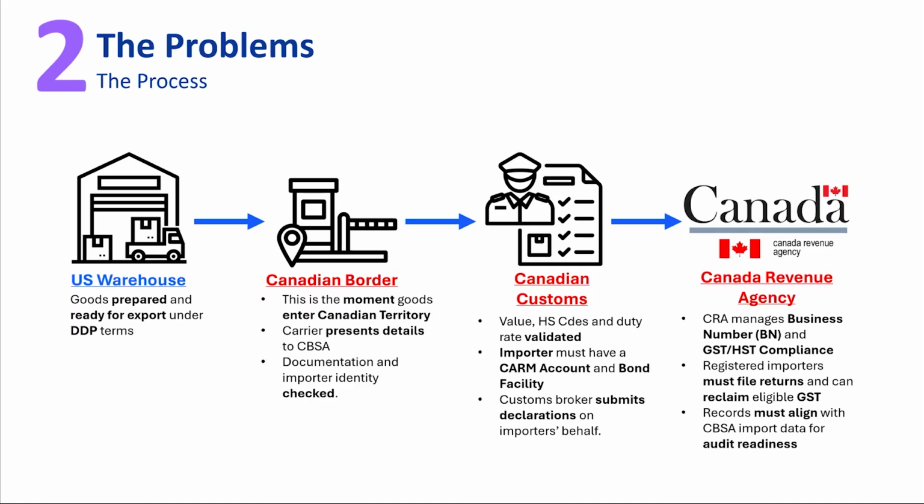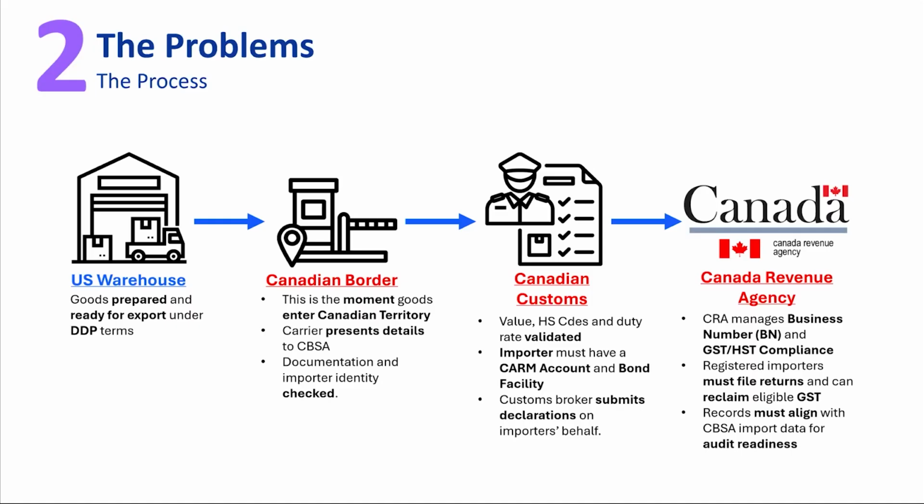They will then hand over that information to the Canadian Customs Agency, which forms part of the CBSA. The CBSA will now start processing all the information on that documentation. So they'll start looking at declared values, countries of origin, HS codes, as well as duties, to ultimately decipher what needs to be done.